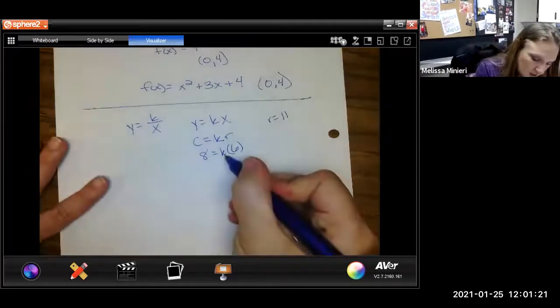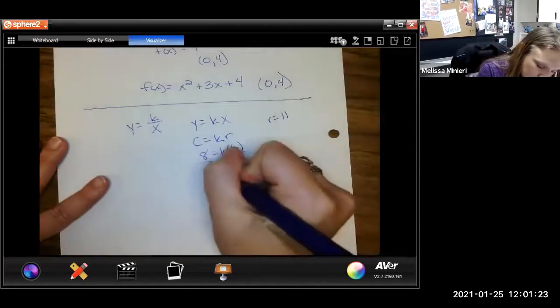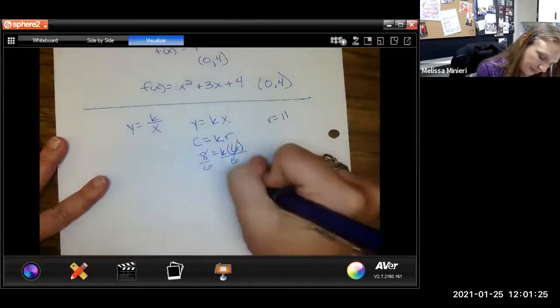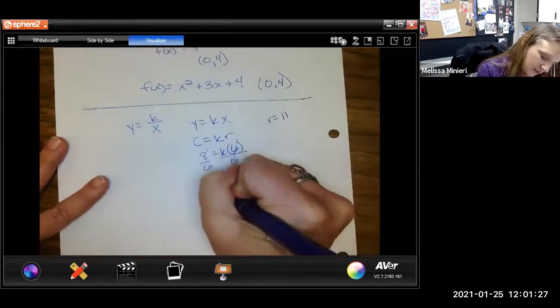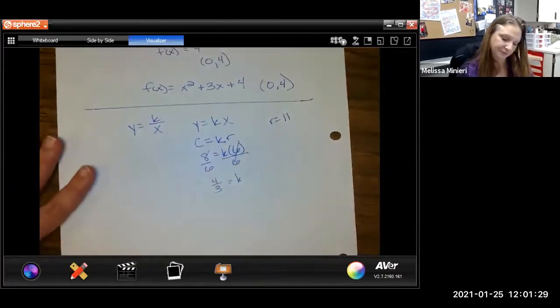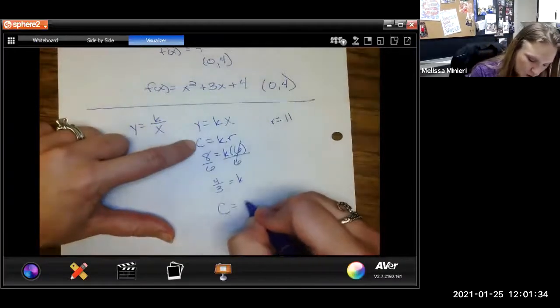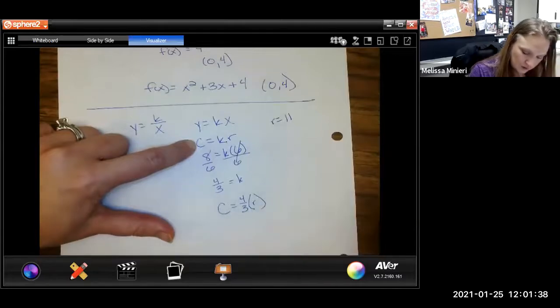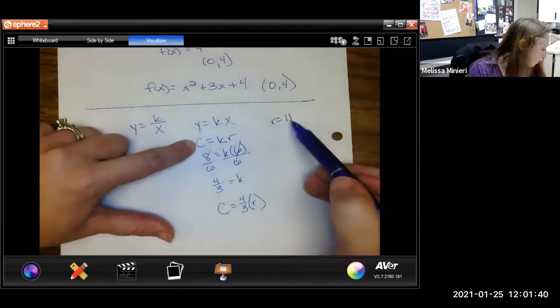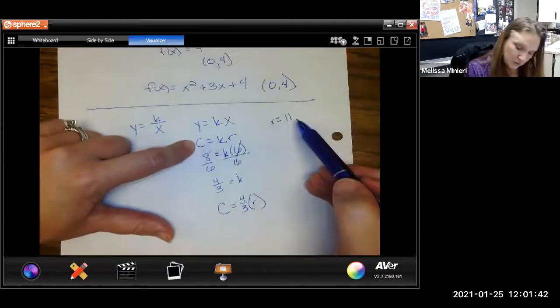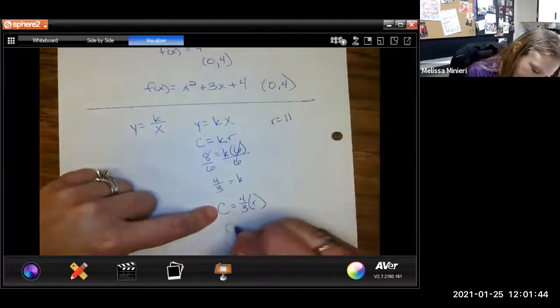So to solve for the constant, I'm going to divide both sides by 6. My constant is 4/3. So that means my equation is my cost equals 4/3 times the radius, whatever the radius is. And in this case, the radius is 11.